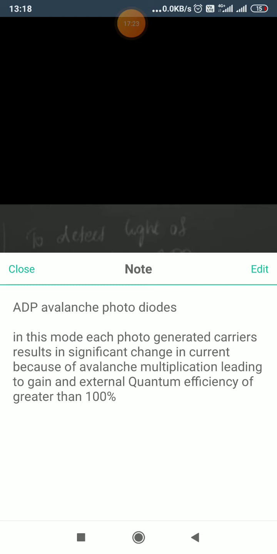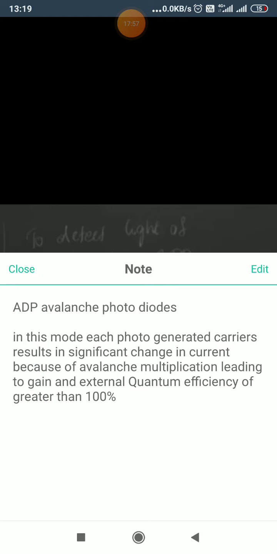The generated photocarrier results in significant changes in the current intensity. So avalanche multiplication takes place, same as avalanche breakdown. If we operate the PN junction so that it can multiply the generated carriers, even a lower light intensity can be utilized in generation of charge carriers. That type of detector we call avalanche photodiodes.